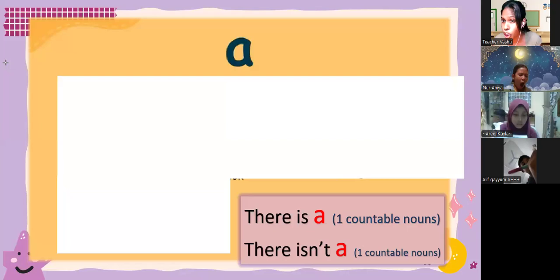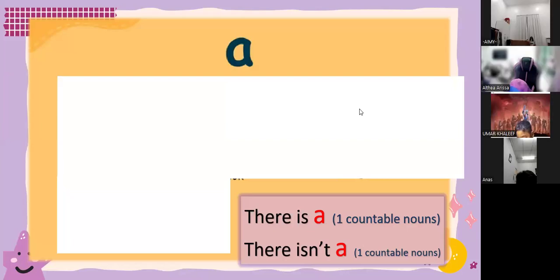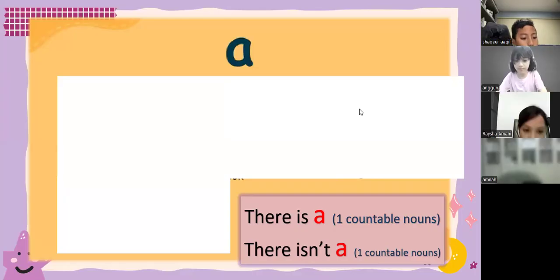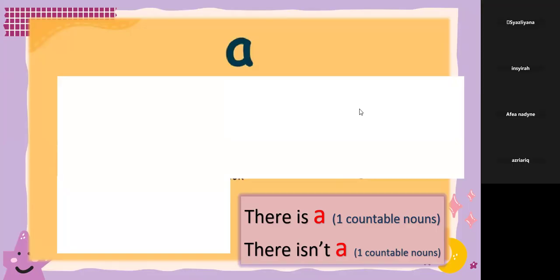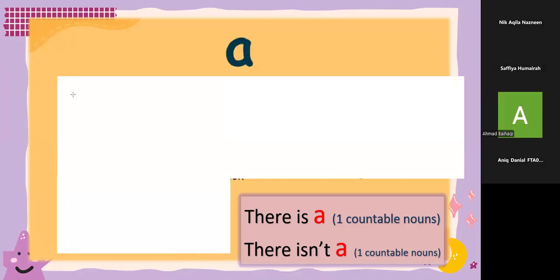I want everyone to copy. Please take some time to copy. Please do not sit. Nanti teacher tanya ada copy tak? Ada salin tak? Please make sure you write. Dalam nota memang teacher tak bagi ya. I don't give. So please write.